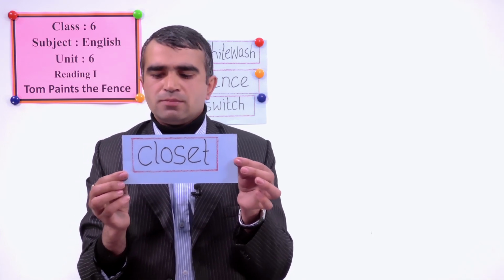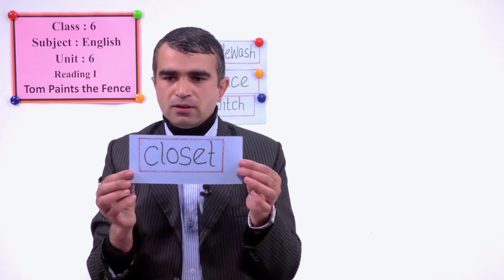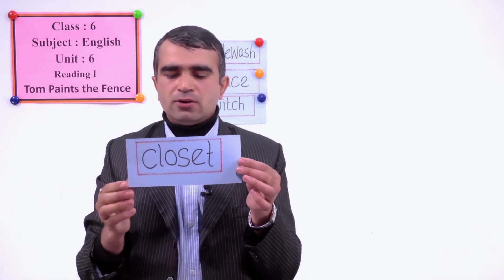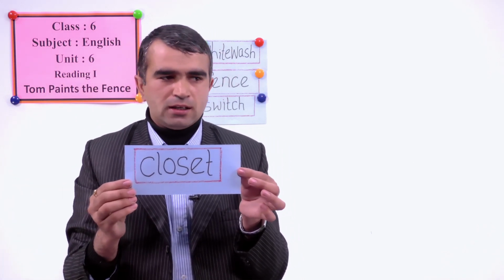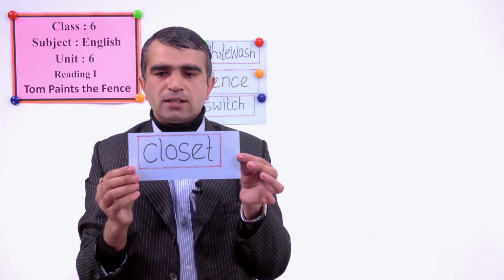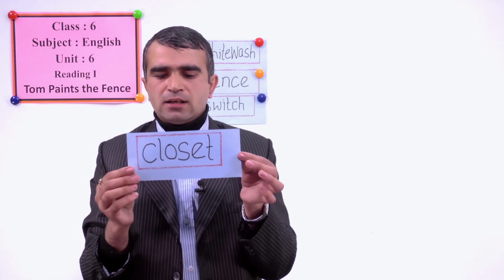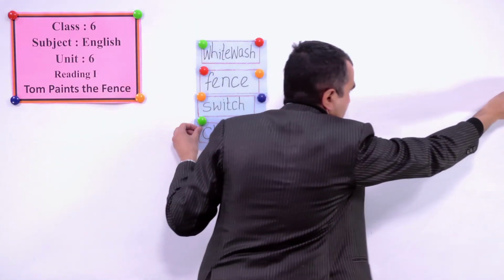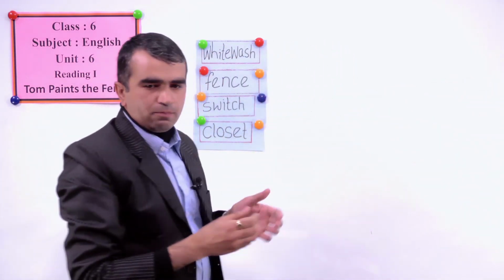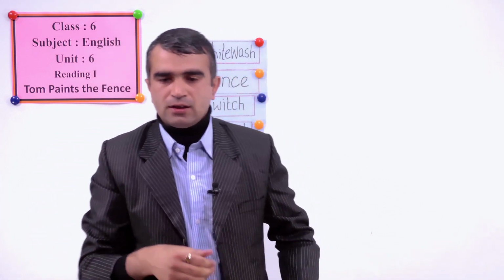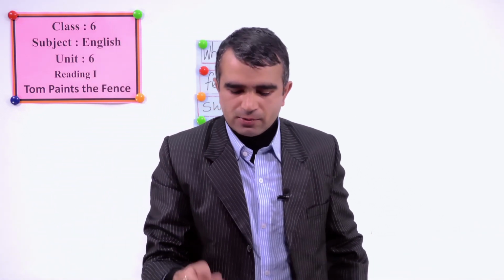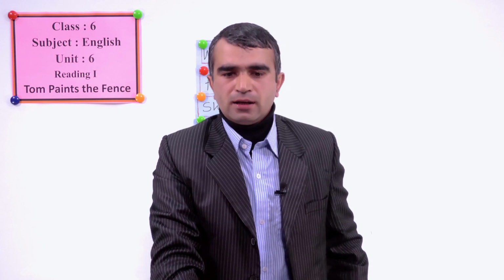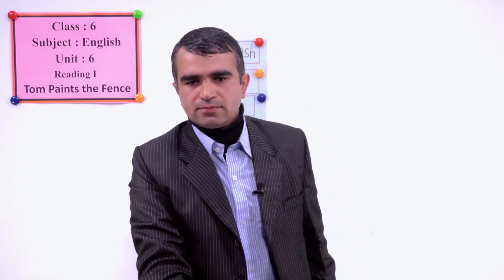A small space or a small room that may be fixed on the wall, or it may not be fixed on the wall, but that is what it's like, a cupboard, that is closet.